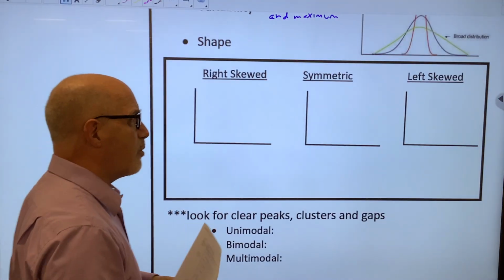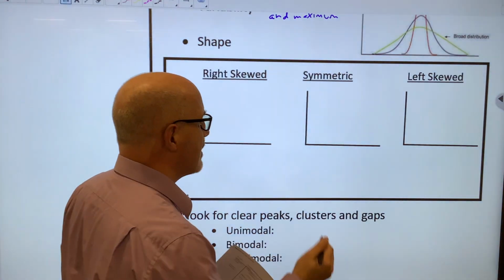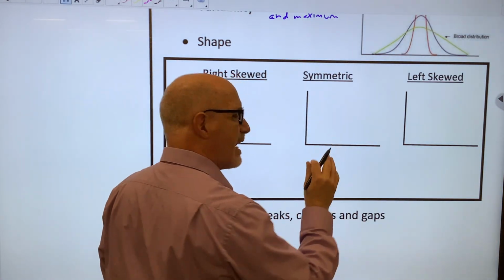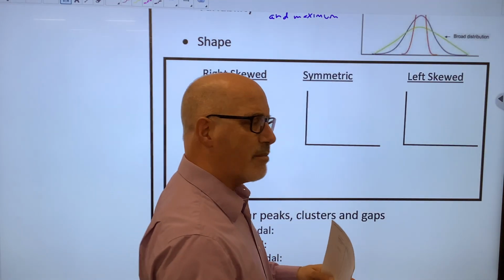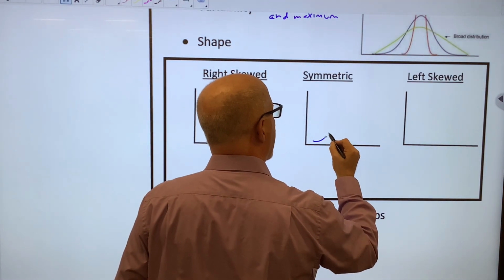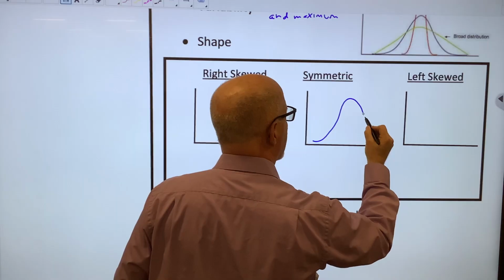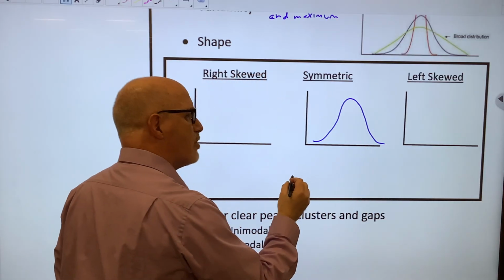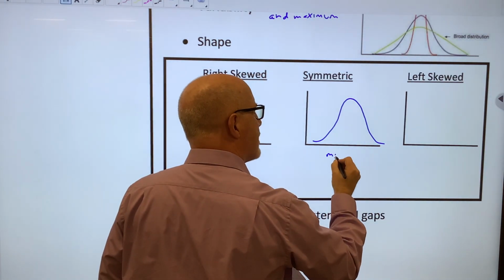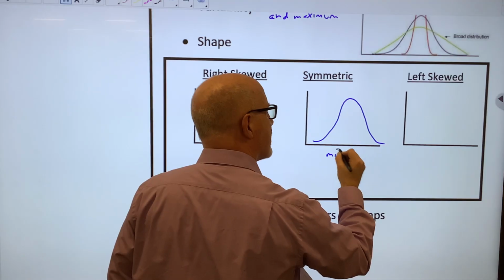I'll start with symmetric. A symmetric shape is that idea of being a mirror image. If we look at a graph that's symmetrical, what you see is a mirror image on the left and the right.